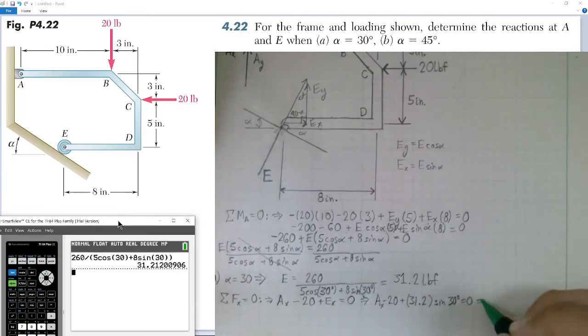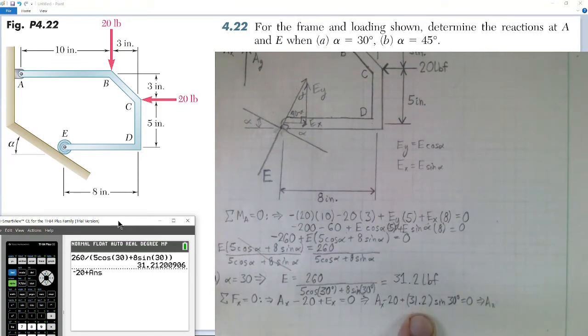This tells us AX is equal to, I should say negative AX plus these values. So AX, we have negative 20 plus our answer we just have, 31.2 times the sine of 30.